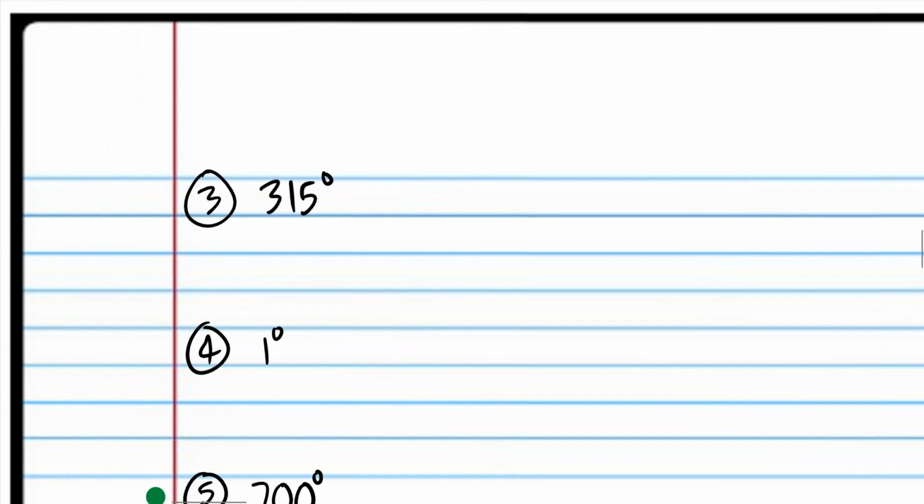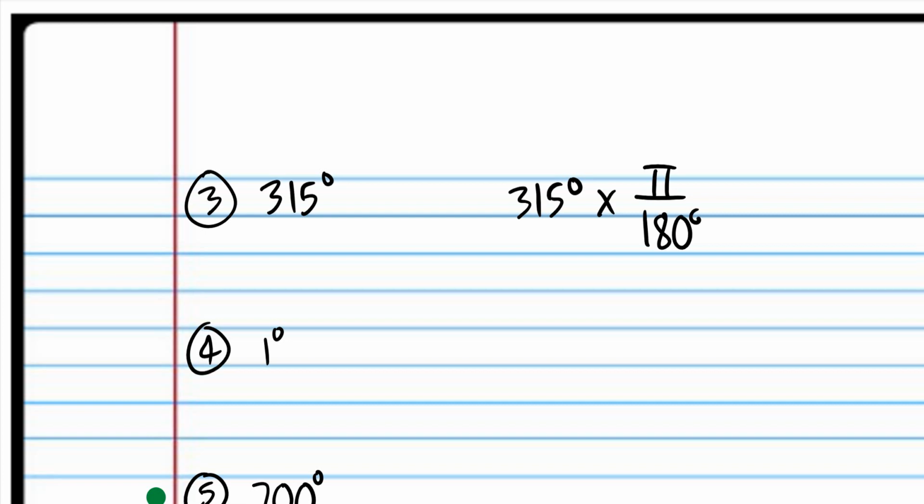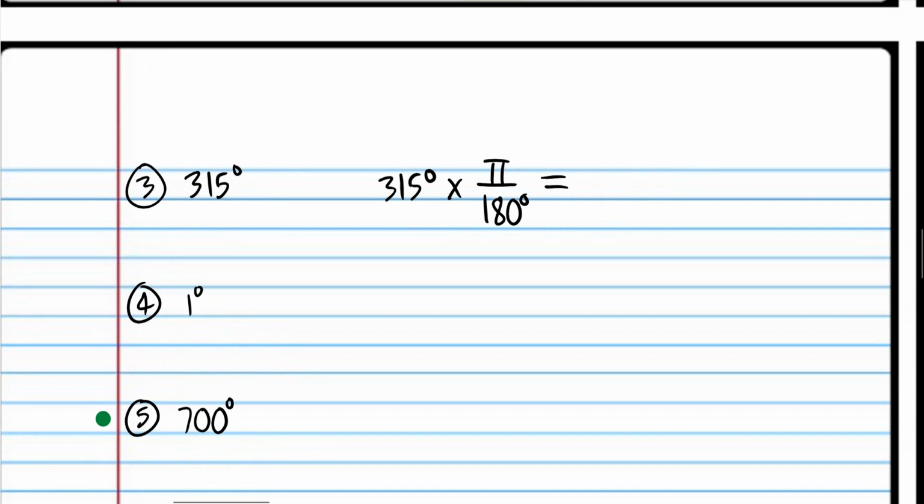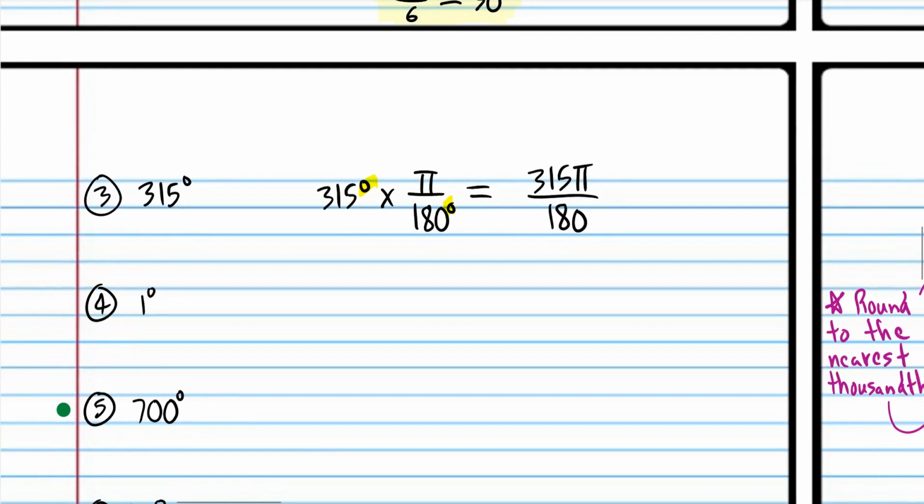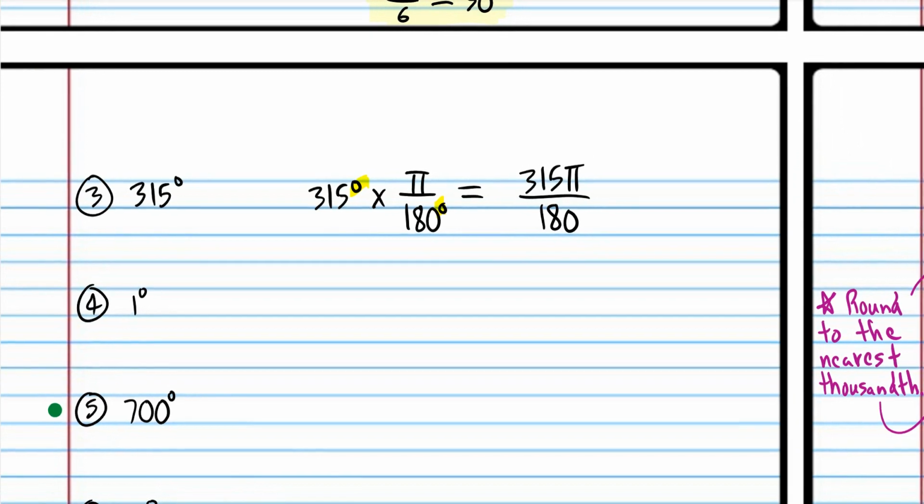Okay, now let's convert 315 degrees to radian units. The degree symbols cancel out, and we're left with 315 pi over 180. And if we reduce, we get 7 pi over 4.